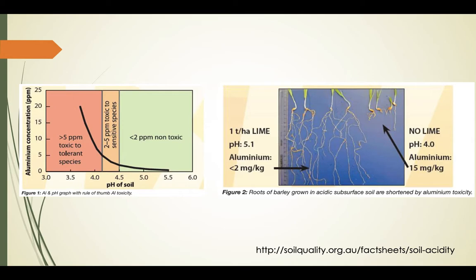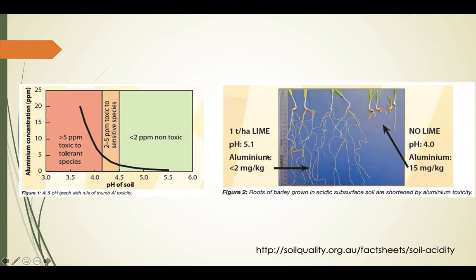As the pH increases, we expect aluminum concentration lower than 2 ppm, and it's already considered non-toxic. So the more acidic the pH is, the more aluminum concentration there is in the soil. And we expect that will definitely affect the growth of plants, like what you can see here.